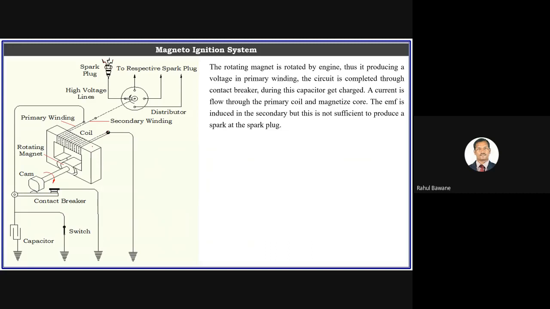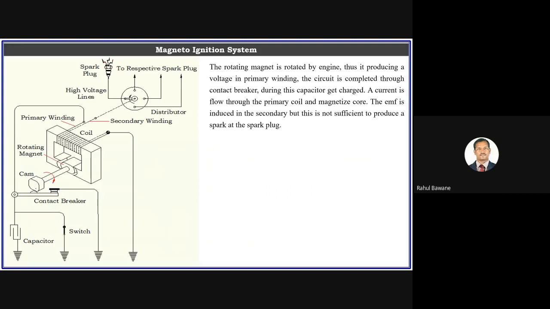Primary winding, as I said, has fewer turns and higher diameter. Secondary winding has very fine diameter wires, but the number of turns is much more. So if the primary winding has 100 turns, the secondary winding most probably has about 3000 turns.